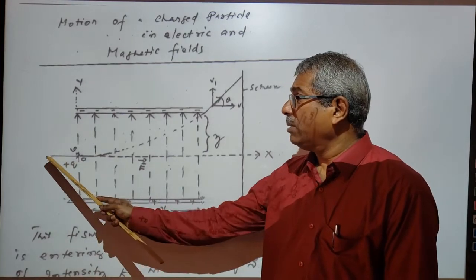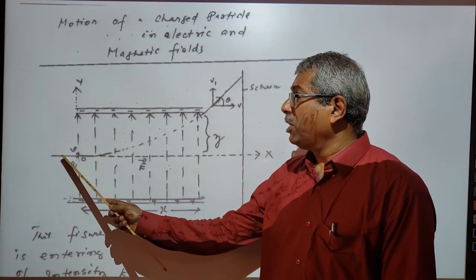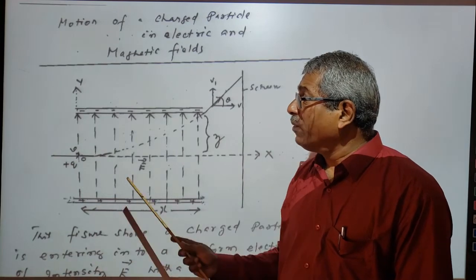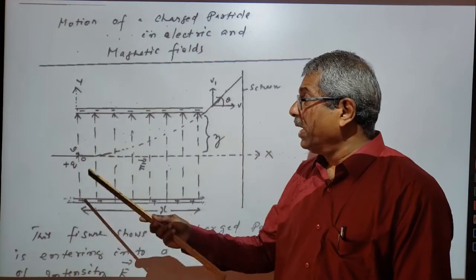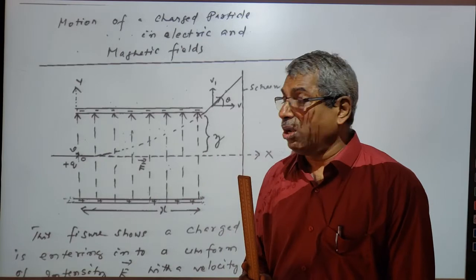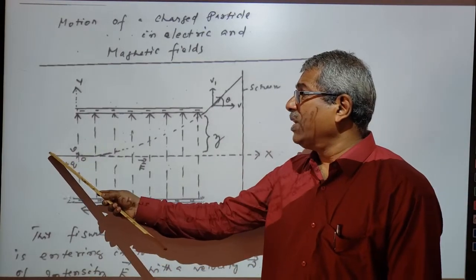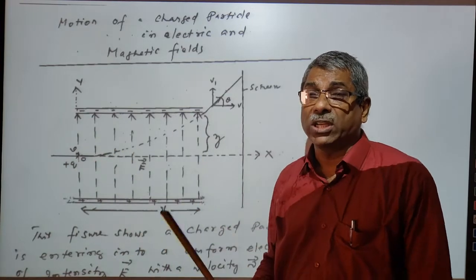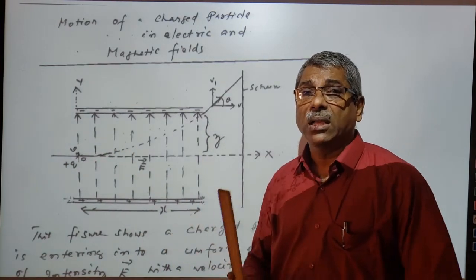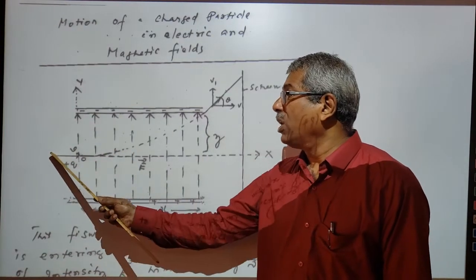And we are setting a charged particle moving with a velocity v and entering into the electric field of intensity E. This velocity v is horizontal. Initially, the charged particle has horizontal velocity.